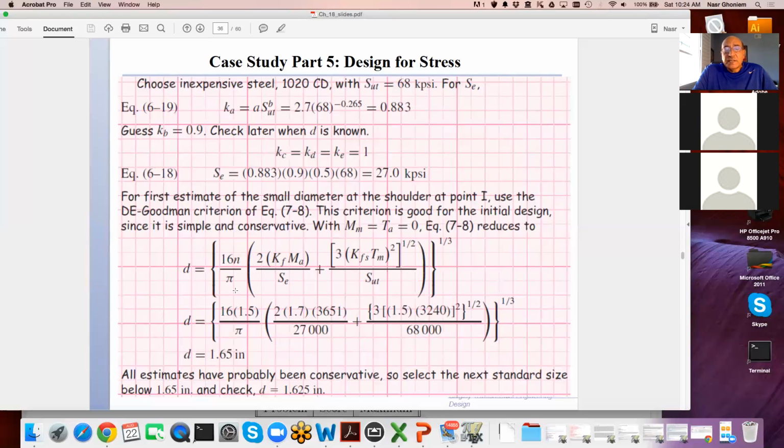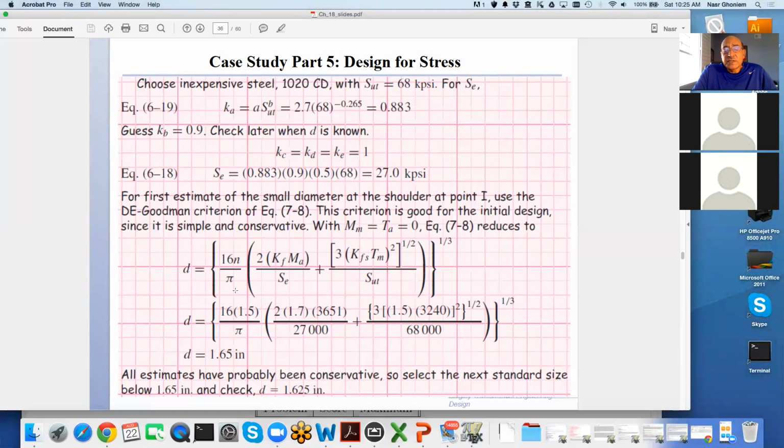All right, so overall, this is a case study, and then you have deflection. We'll talk about deflection calculations. We used analytical solutions, integrating the deflection equation four times.